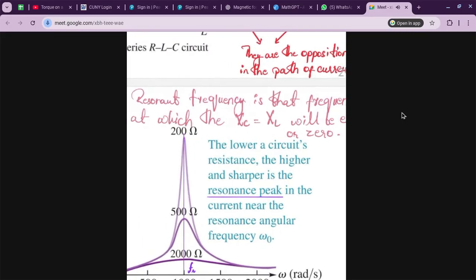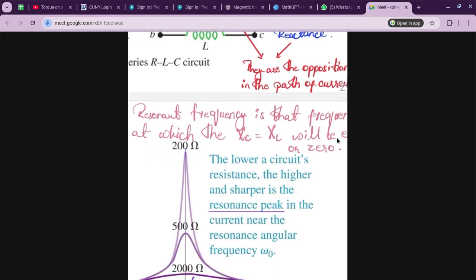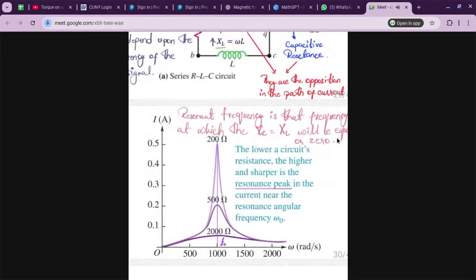See this? The 200 ohm peak is much sharper than the 2000 ohm peak.